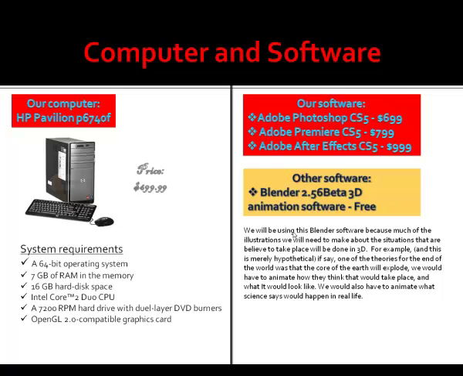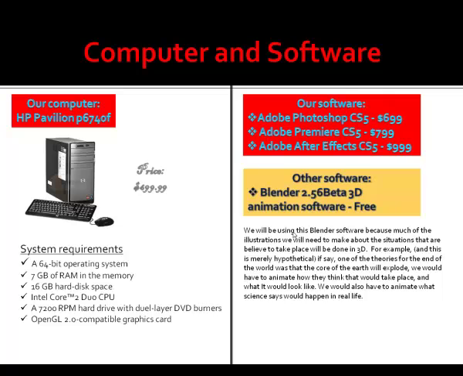Our computer that we plan on using is going to be an HP Pavilion P6740F. You see the system requirements that we're going to need: a 64-bit operating system, 7 gigabytes of RAM, 16 gigabytes hard disk space, Intel Core 2 Duo CPU, a 7200 RPM hard drive with dual layer CD/DVD burners, and an OpenGL 2.0 compatible graphics card.